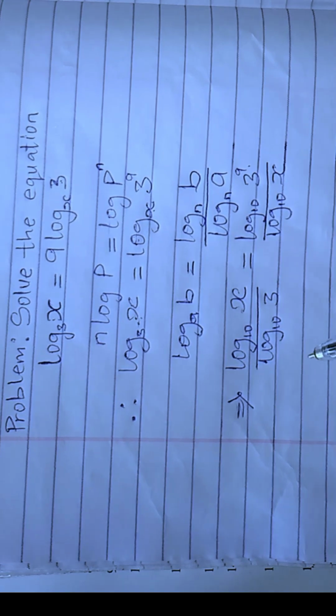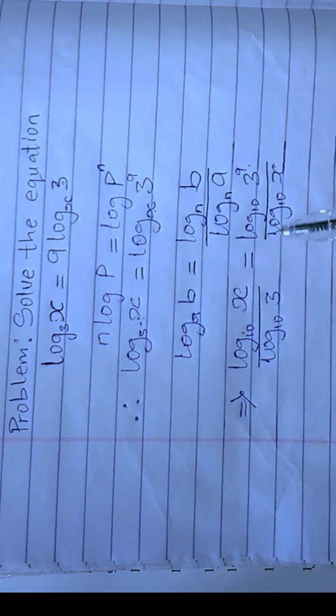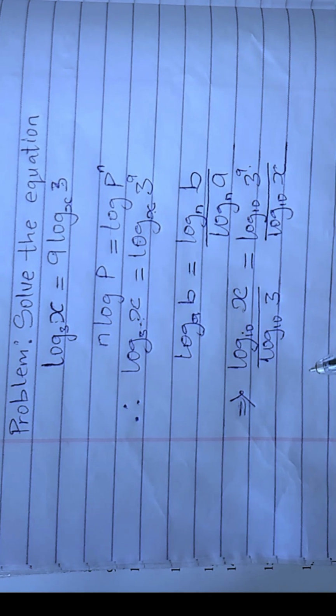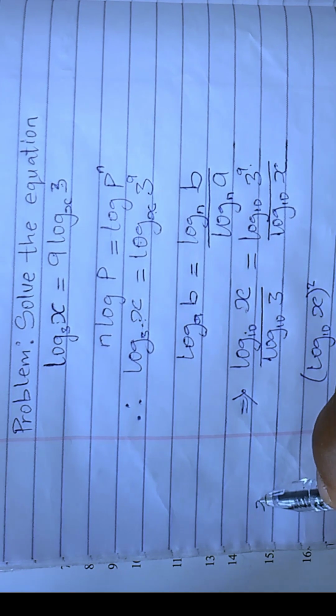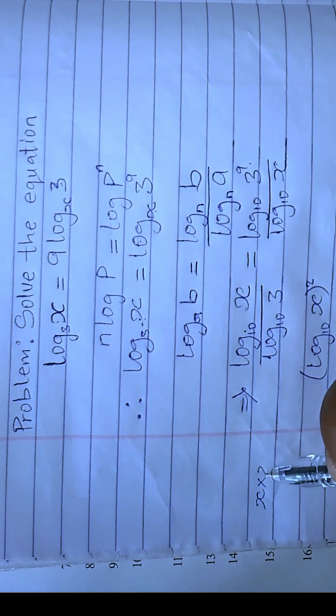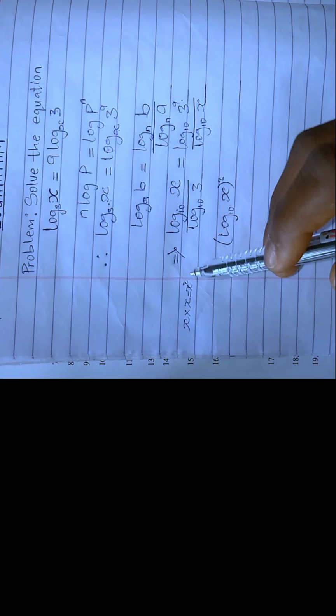So when you cross multiply this fraction, this will multiply this, and this times this is going to give us the square of that. So you have logarithm to base 10 of x all squared, because this is the same thing as saying x times x, which gives us x squared.